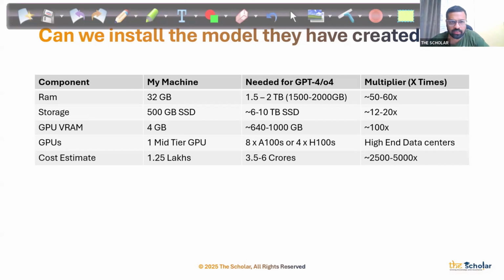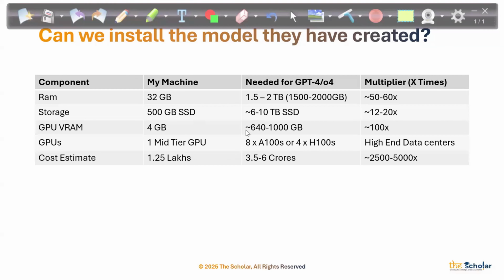What I wanted to highlight here is: what if I were to save or implement this model on my machine? Is that really possible? That is the comparison I am showing you here.